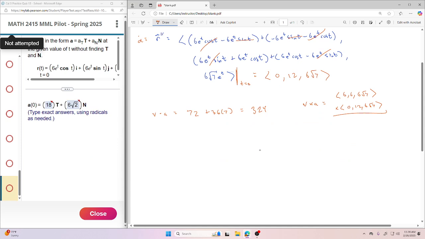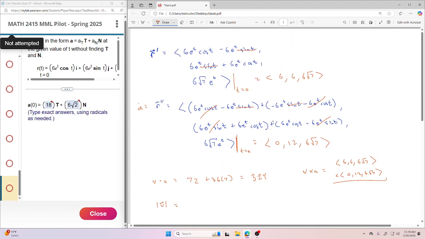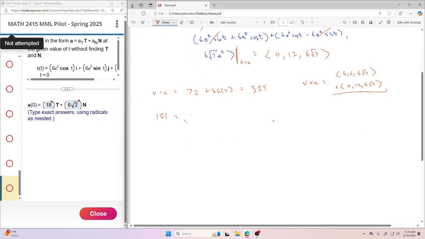Right. So let's find the magnitude of V first. And that would be the stuff here. So we've got 6 squared, and then 6 square root of 7 all squared. They all have a 6 that I can pull out, but then that means I've got a 1, and then basically a 7. And the square root of 9 is 3. 3 times 6 is 18.